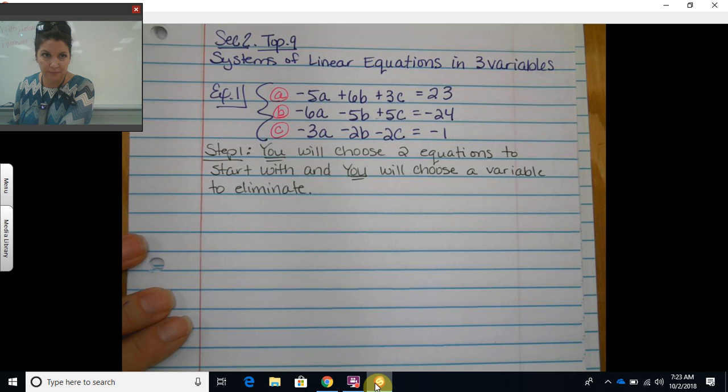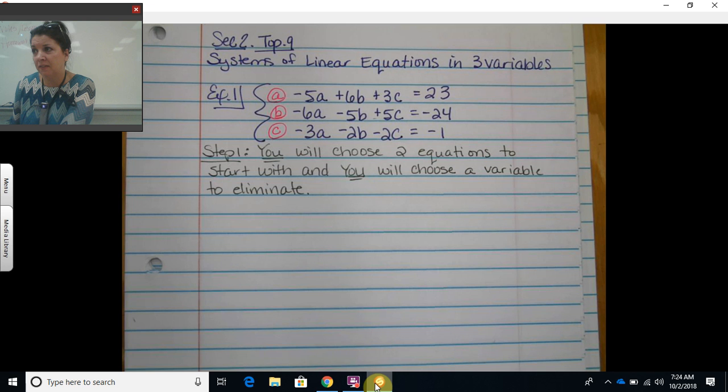No. So if that's the case, then I would at least try to pick 2 equations where I would only have to multiply one of them to get something to eliminate. And if that wasn't possible either, then I'm just going to have to pick 2 equations where I have to multiply both, okay? But if nothing eliminates automatically, at least try to pick something where you would only have to multiply one equation.